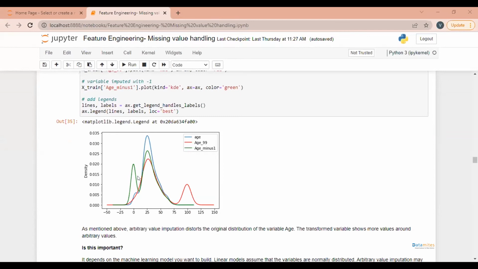So the distribution has been distorted, with a little bit of aggregation observed in the -1 region. It is no longer a normal distribution.